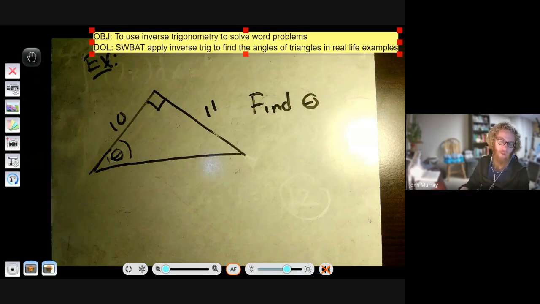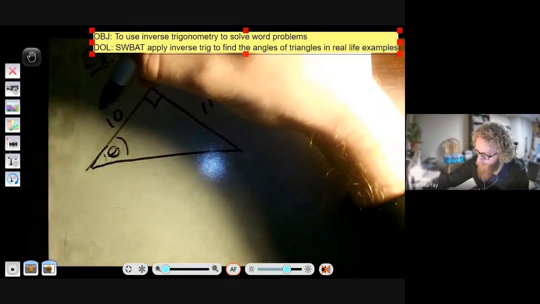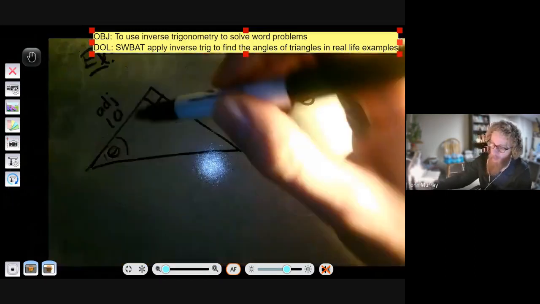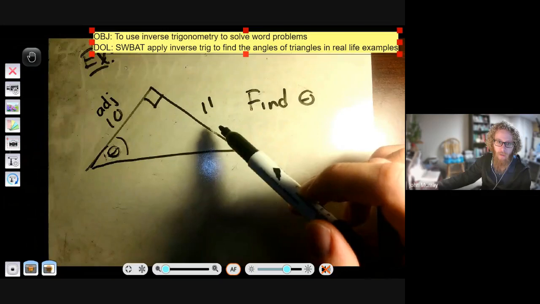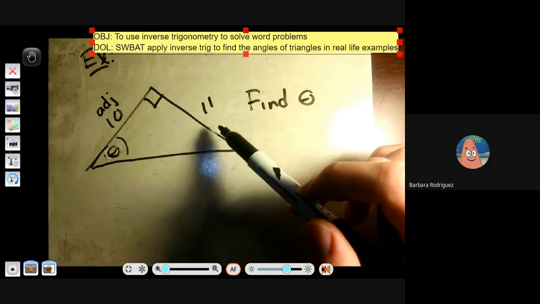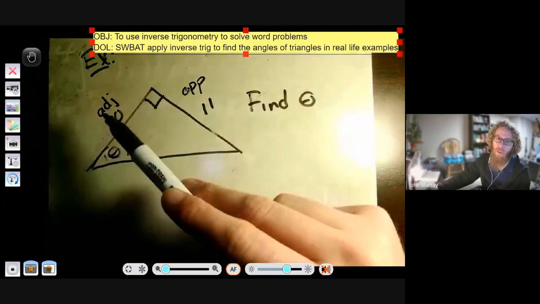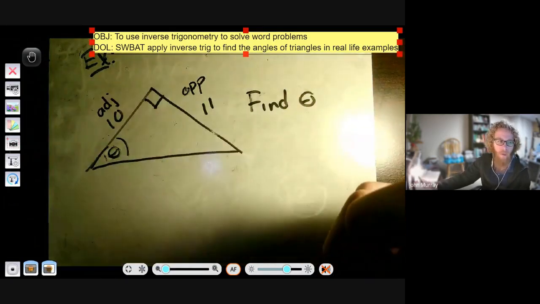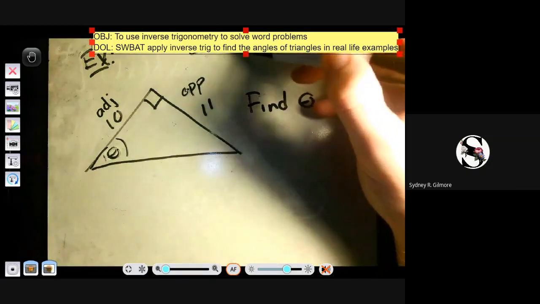So we have the adjacent, so 10 is the adjacent. And is 11 our hypotenuse? Opposite, it's the opposite. So what trig function do we need with adjacent and opposite? Tangent.